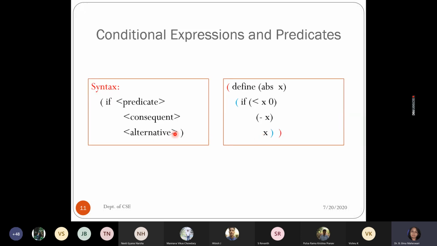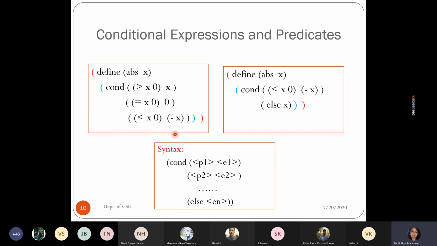So now if you look at the cond, what is the flexibility given here? In the cond syntax, for the predicate and expression, you can have any number of expressions, any number of compositions here.